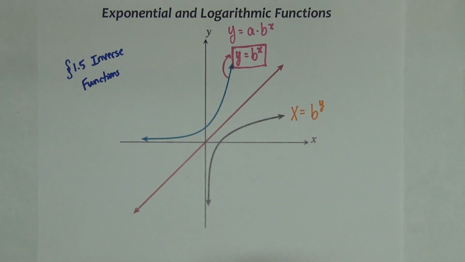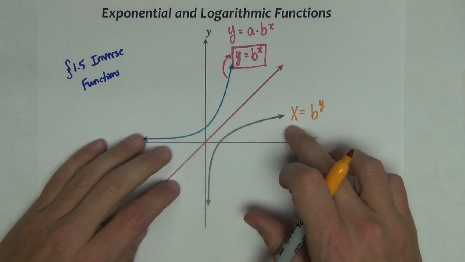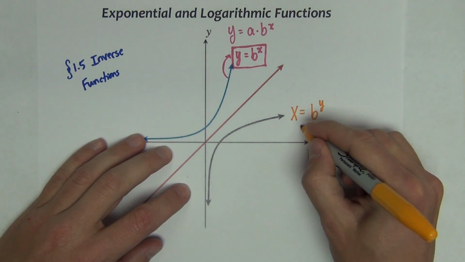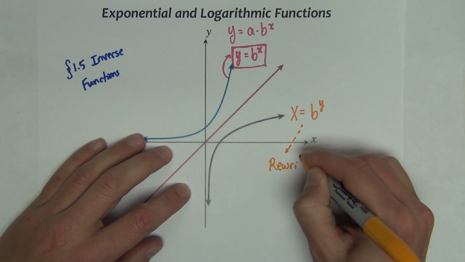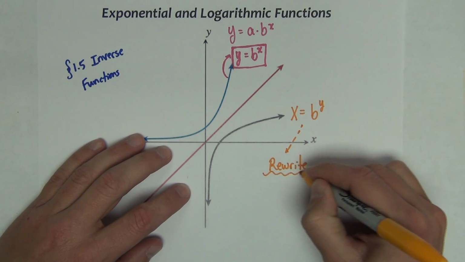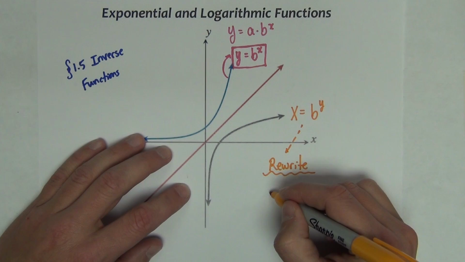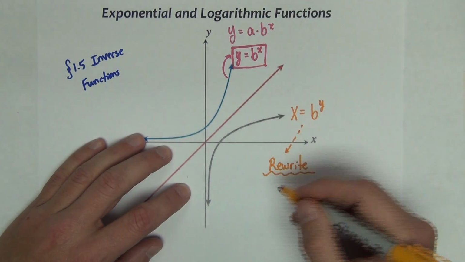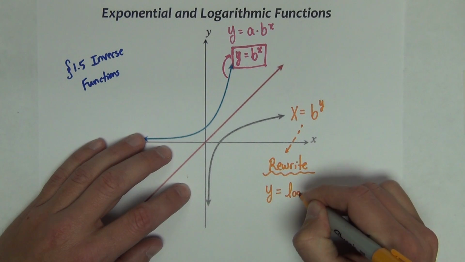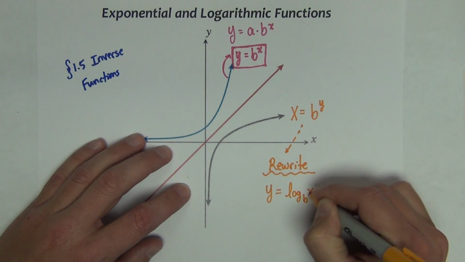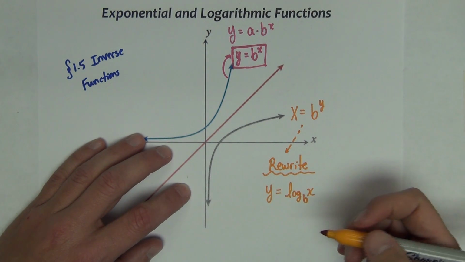Now we typically want functions written y as a function of x, not x as a function of y. So we take this and we rewrite it, and when we write it with a logarithm, this is rewritten y equals log base b of x.